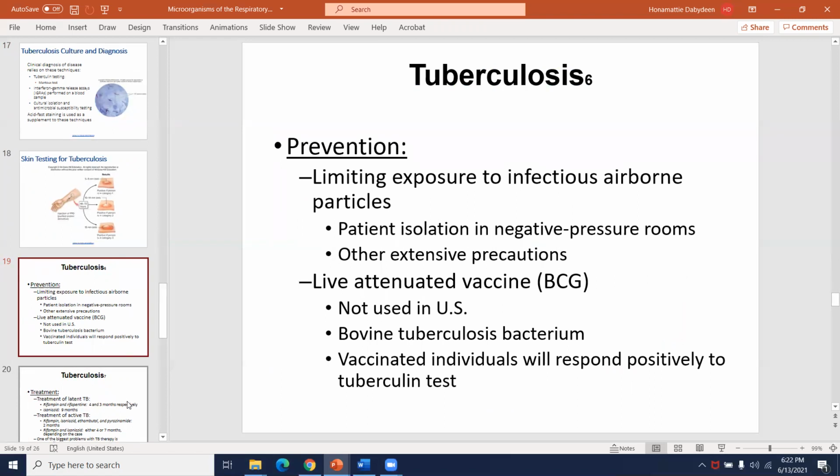But even then, when doctors really feel that the patients are going to spew out a lot of these organisms, they put them in rooms, usually individual rooms, with negative pressure, meaning there is always going to be a flow of air out of the room through, of course, filters.